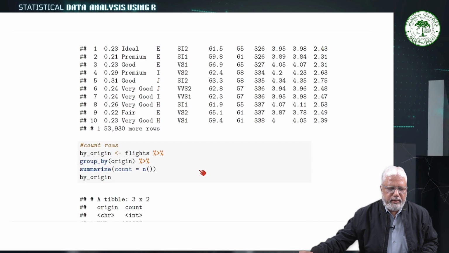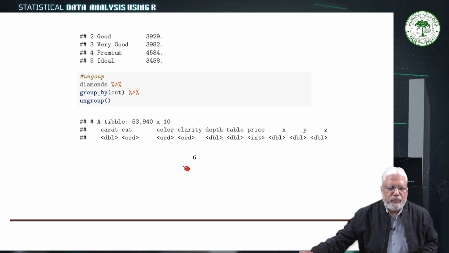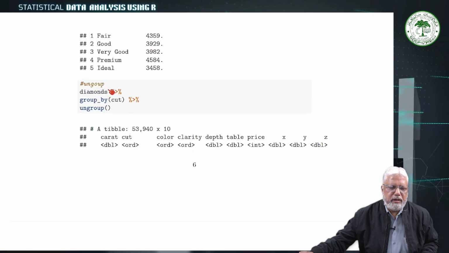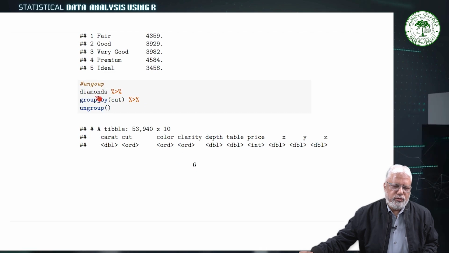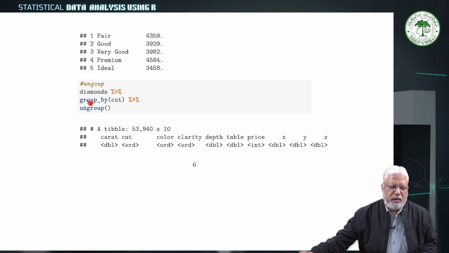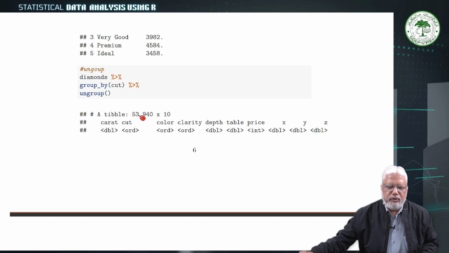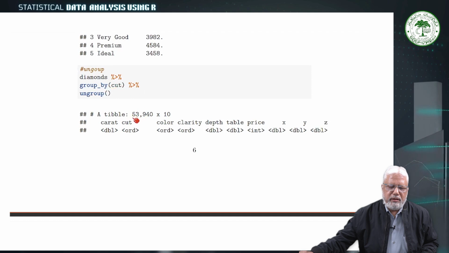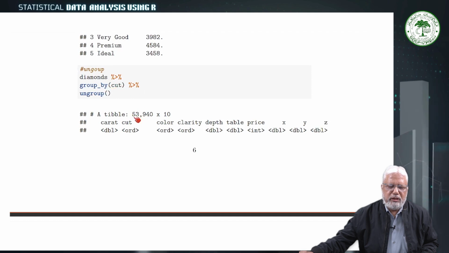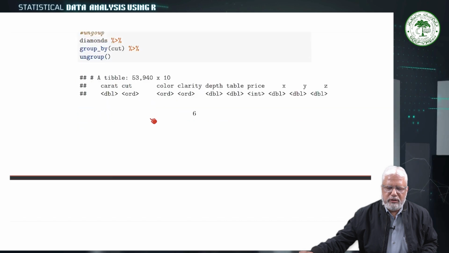So we were having the diamonds data we have already discussed. With diamonds we are doing group by cut, so it will make grouping by cut and then ungroup. Ungroup will make it just as the original observations, that is 53,940.